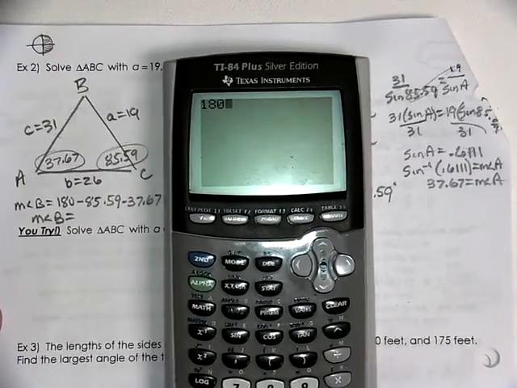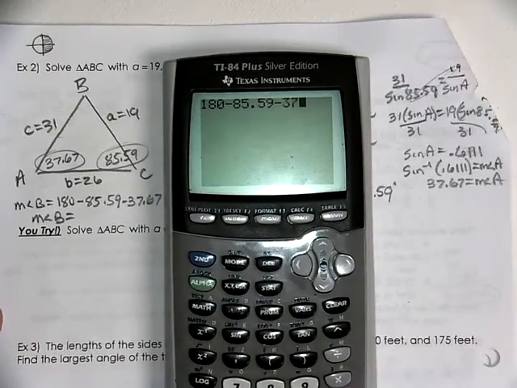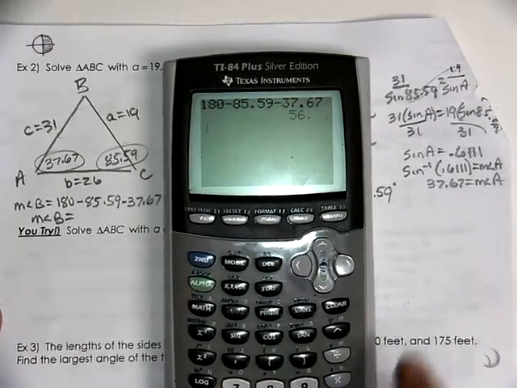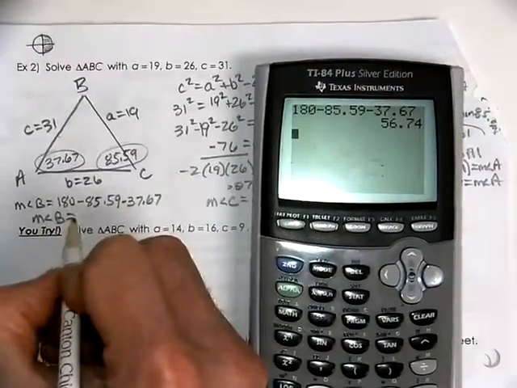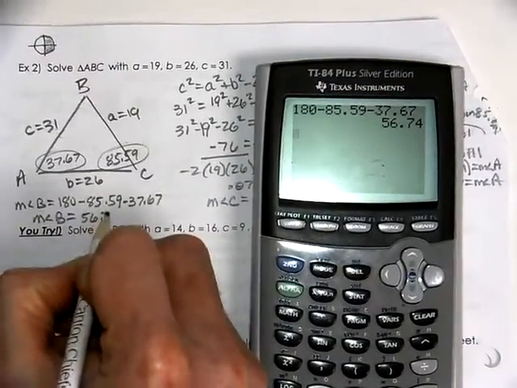So that's 180 minus 85.59 minus 37.67. Oh boy.